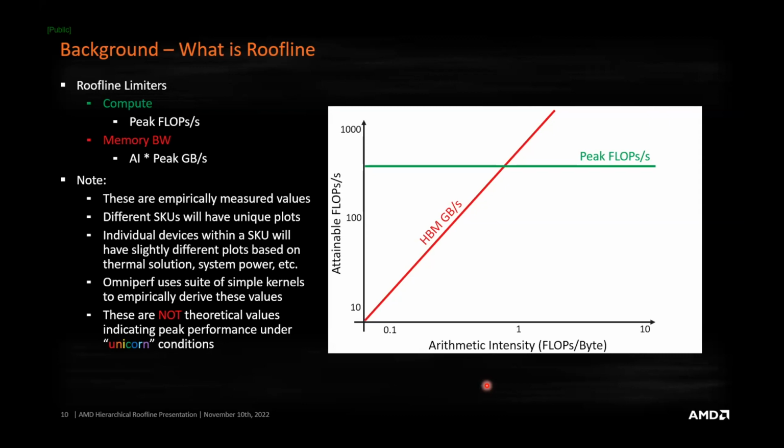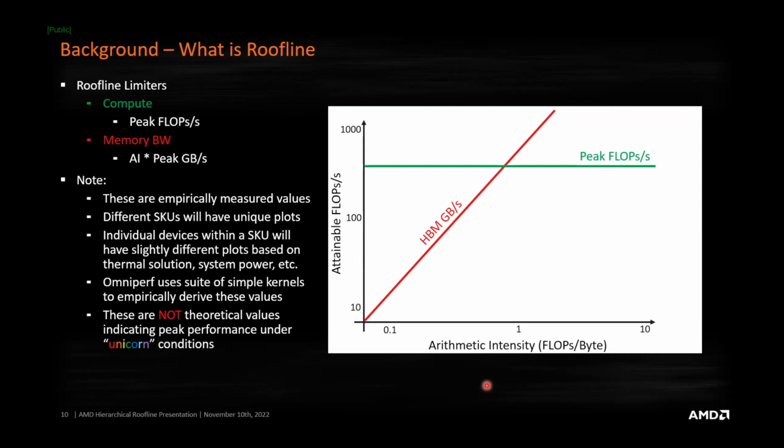Whichever device you're running on specifically, whichever node, these results are going to be specific to that hardware, nothing theoretical here. Different SKUs, if you're on an MI210 versus an MI250 or 250X, you're going to have different results. Even on the same 250X on different nodes, if we get into the fine details, they might be slightly different because of yields and voltage-frequency curves.